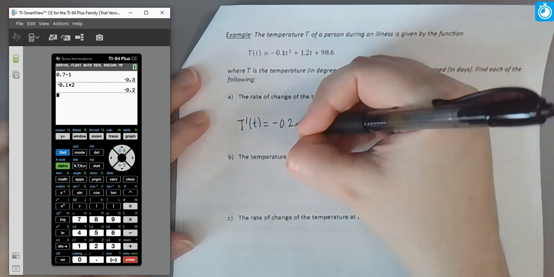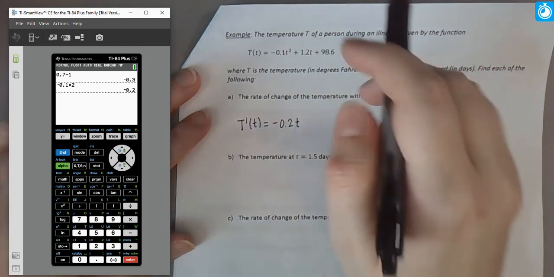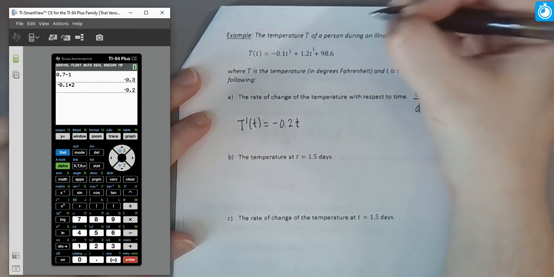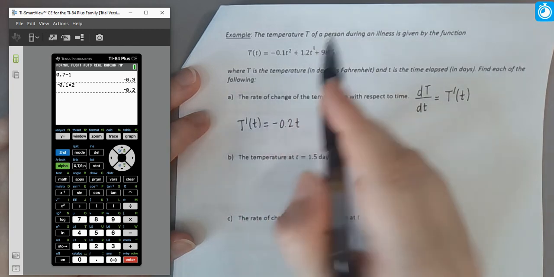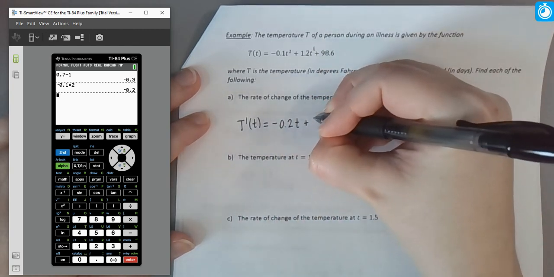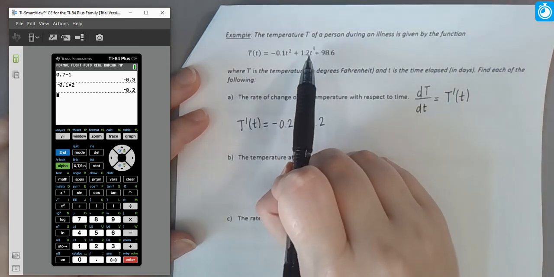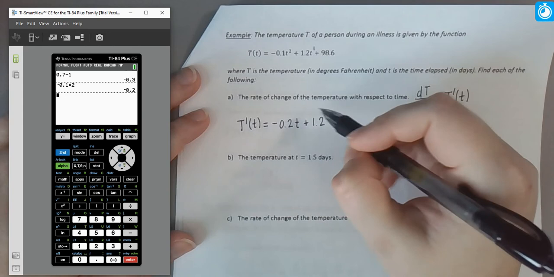So t squared becomes t to the first power, and of course we don't write the 1. Now for our next term, 1.2t, remember there's an implied exponent of 1. We bring down our exponent, multiply it by that pre-existing coefficient, which is 1.2, so 1 times 1.2 is 1.2.